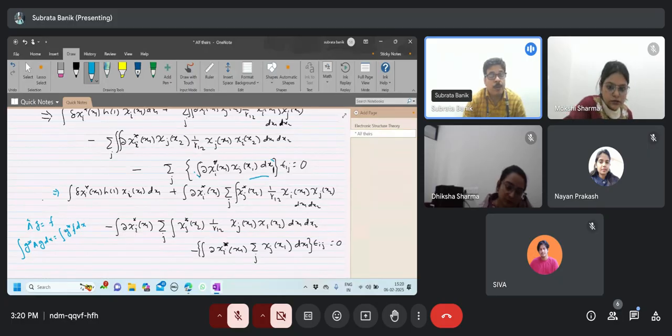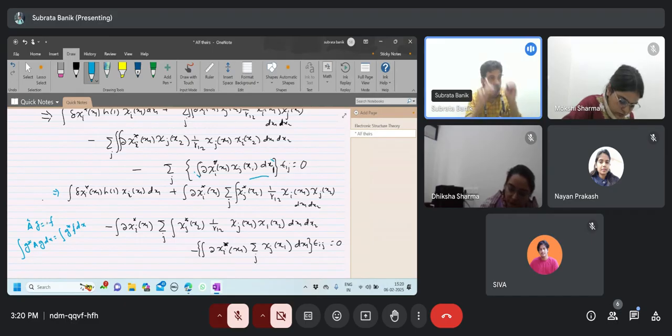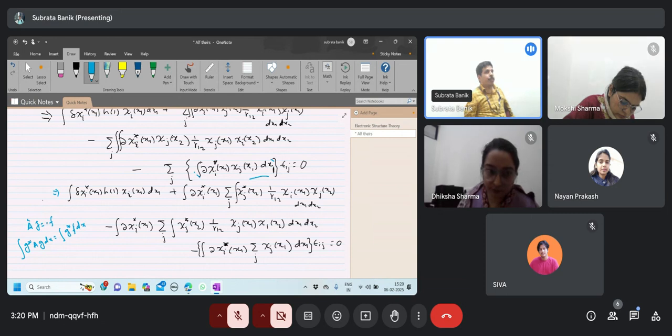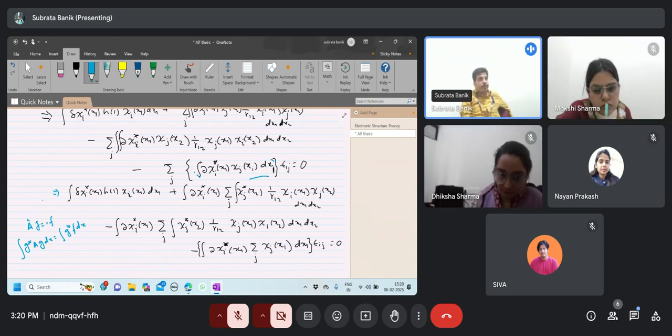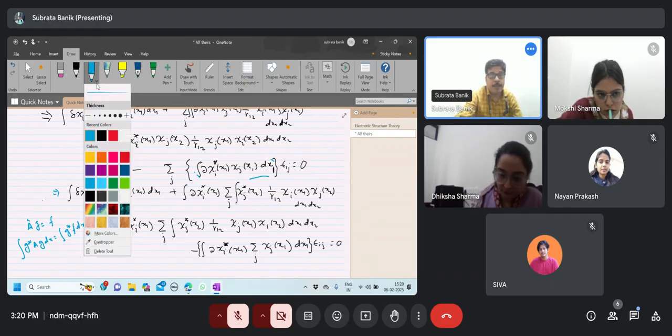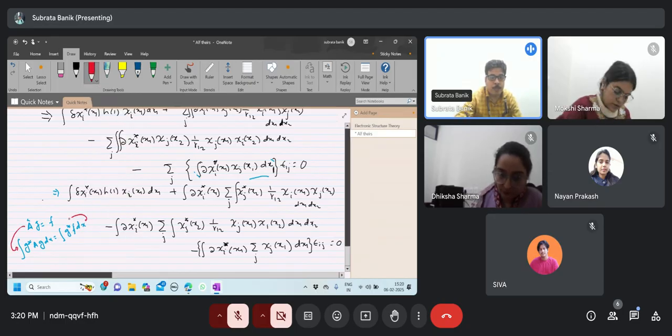I have an operator equation, an operator operating on a function gives me another function. I can do this always, right? You multiply by the complex conjugate of the first function and take the integration. On the right side you also have to do the same thing. This equality holds for any case, right? So what I mean is that I can write this equal to this. Similarly, this must be equal to that.